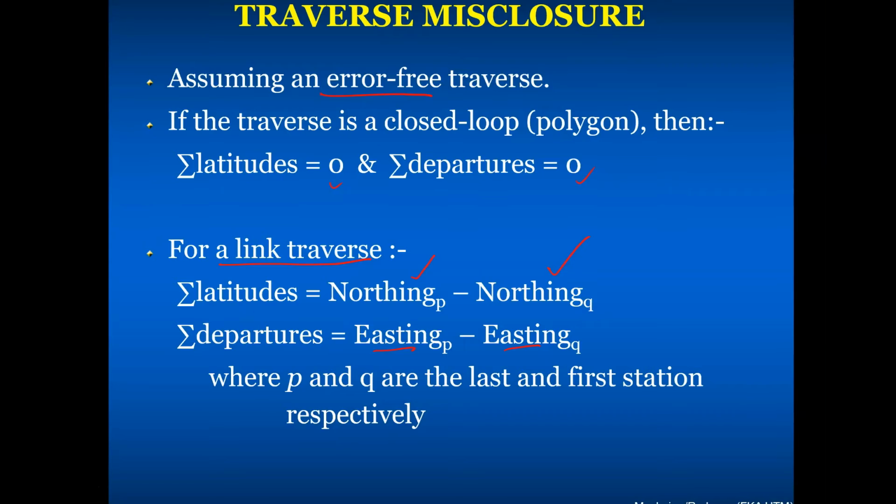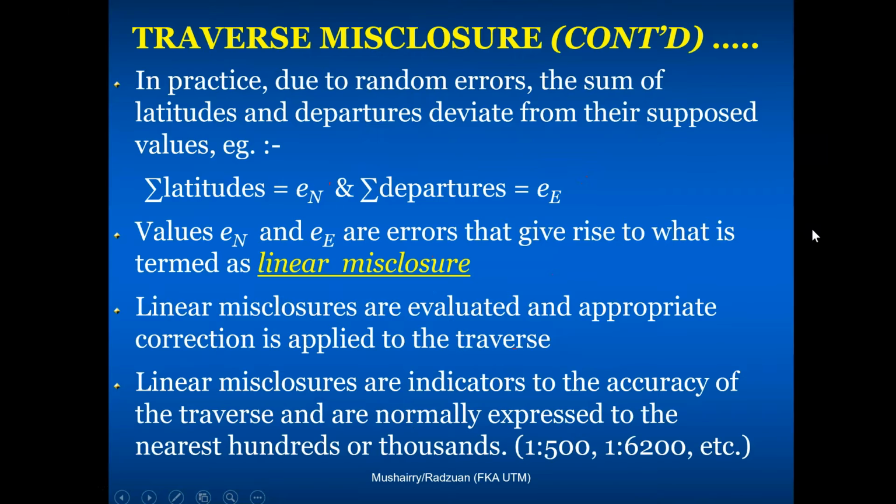So that's the theoretical value. That's what you should obtain. That's what you should be comparing your latitudes and departures that you have calculated against. Let's do an example later, but for now, let's look at what we mean by errors, what we mean by handling the errors.